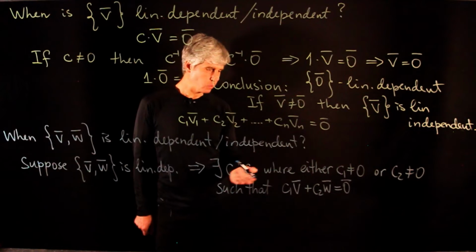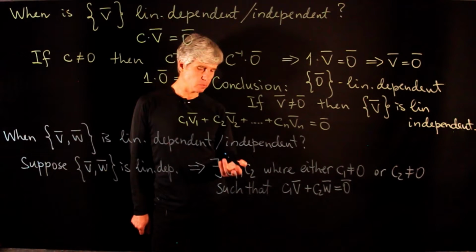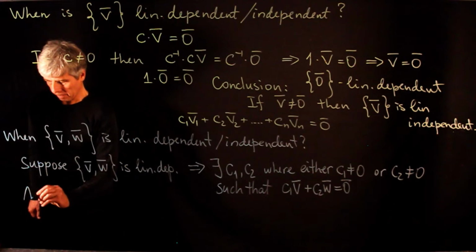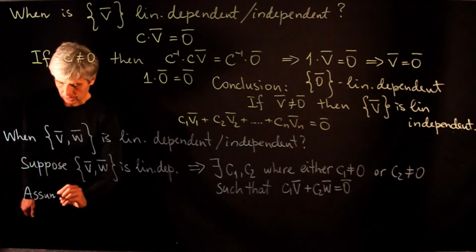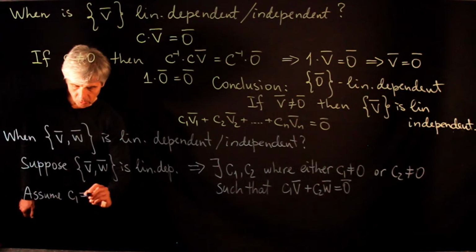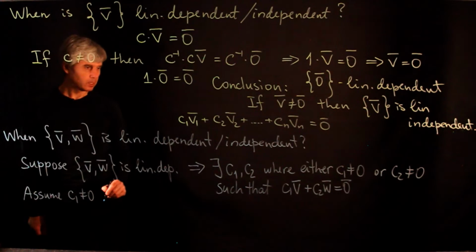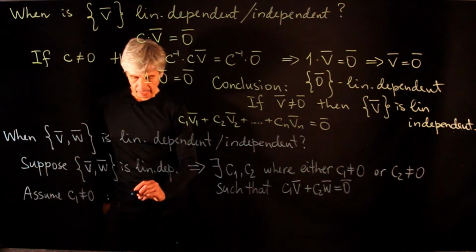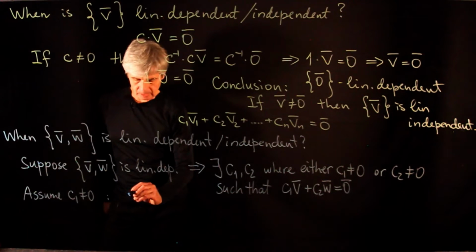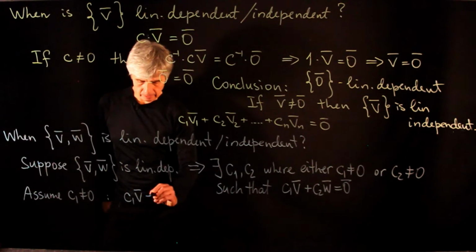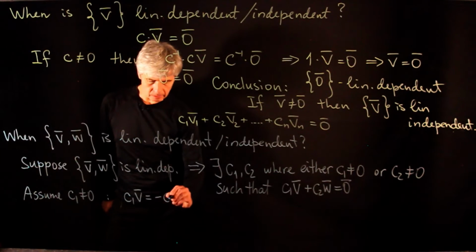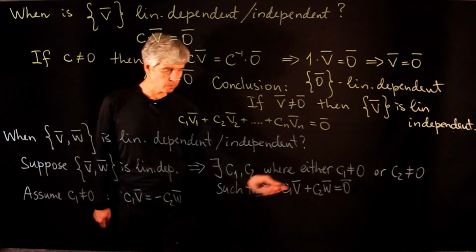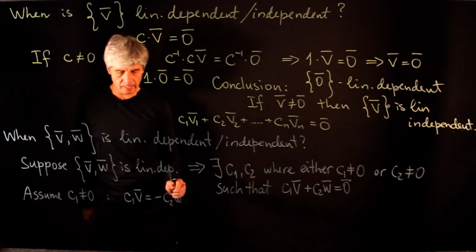But okay, so here the situation is a little bit symmetric. So we have C1 and C2. So let's assume C1 is not equal to 0. So then we can write that C1v is equal to minus C2w. Right? So we can bring this term to the other side.